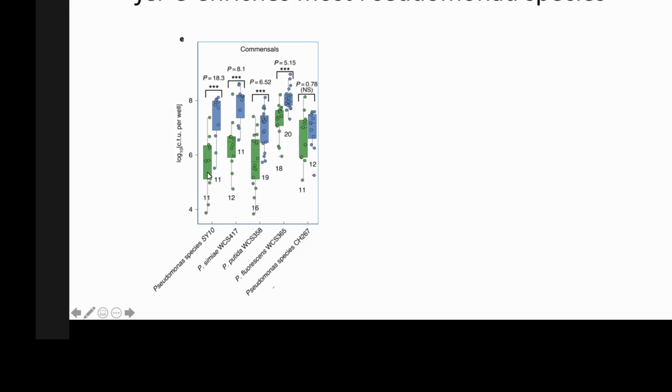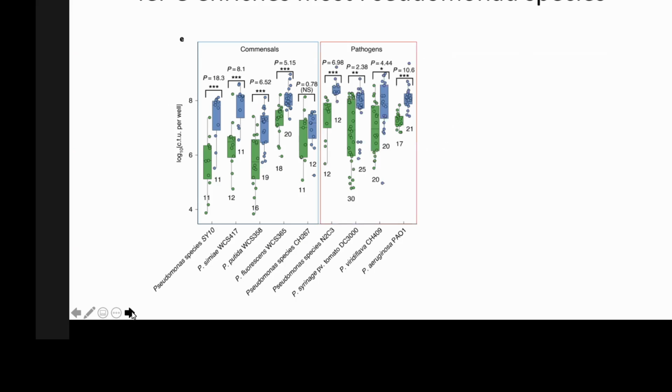And they looked at it with wild type and in their FER8 mutant. And what they saw by and large was that there was an increase in the amount of Pseudomonas with FER8, right, across the board, with the exception of the CH267.